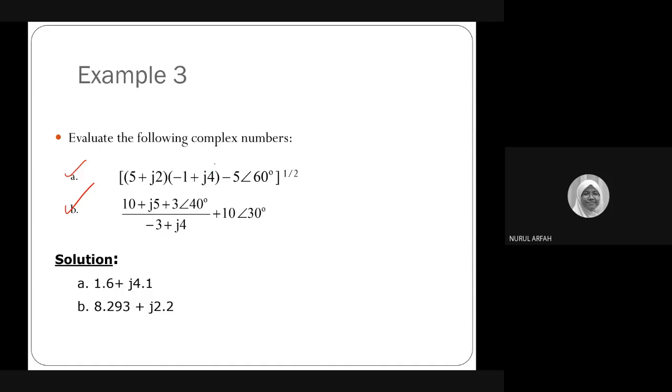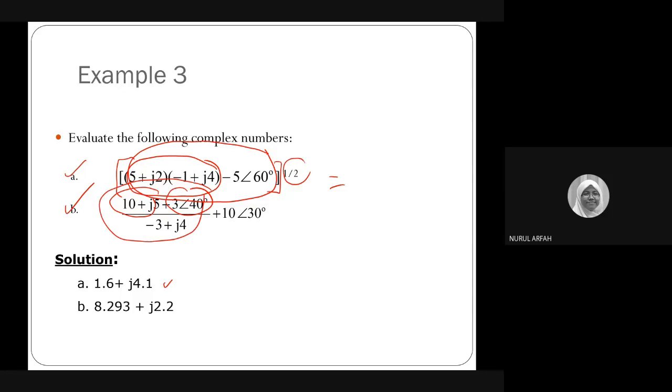So like our A question here, you have multiplication on this side, and since this is a bracket, we need to solve inside here, and then do the square root. Then you can get the answer. For the second part, I think you know how to do it. Maybe solve this and this first, and then division, and then the plus.